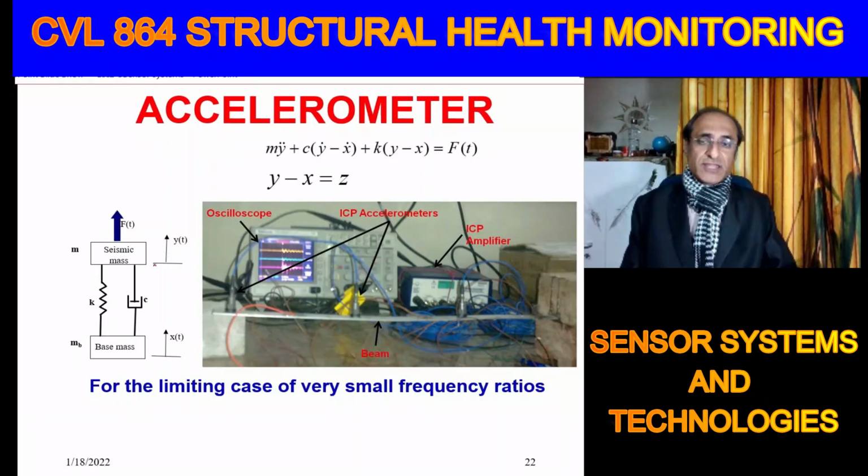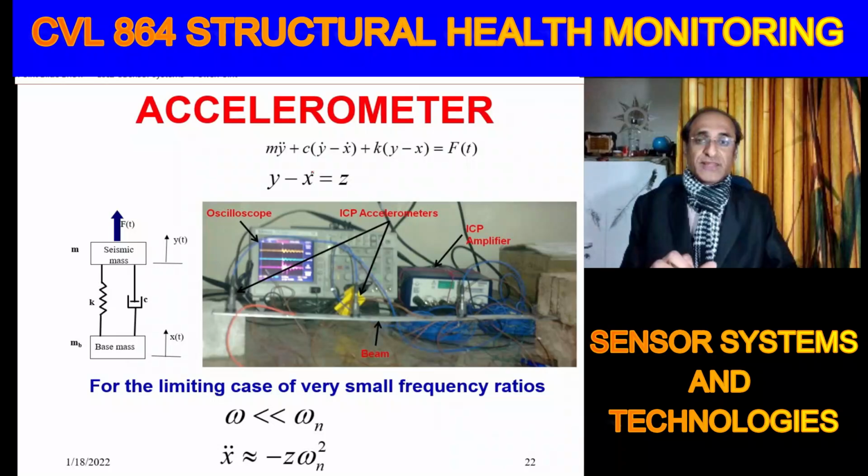So this is our equation, and it can be proved that if the operating frequency is very small compared to the natural frequency of this system, which has a spring, damper and mass, and we can find the natural frequency as the square root of k by m, then the absolute acceleration of the structure to be measured is directly proportional to z.